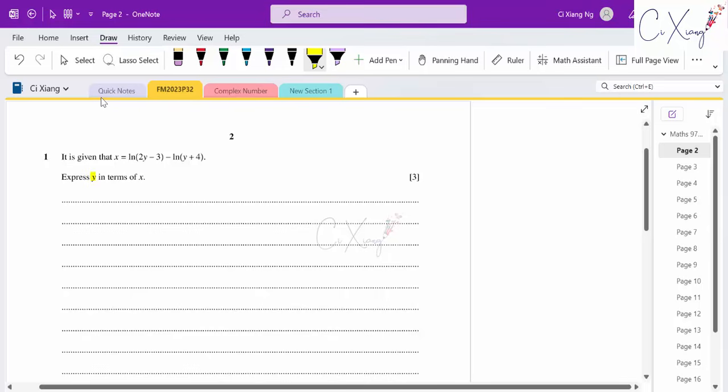To express y in terms of x, first of all, I will want to combine all the ln on the right hand side into one term. When I have ln(2y - 3) minus ln(y + 4), I will use the formula where ln a minus ln b combines to become ln(a divided by b).